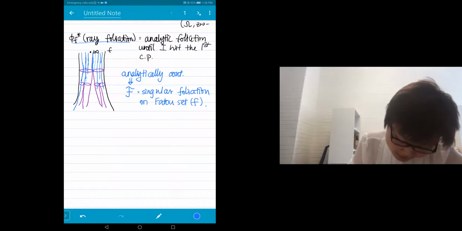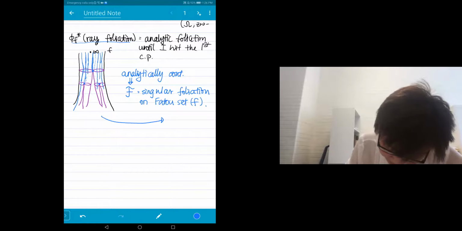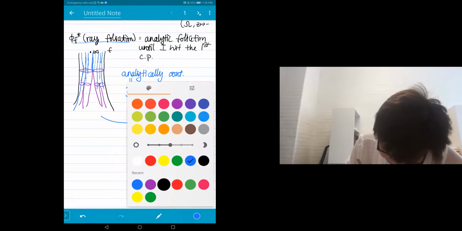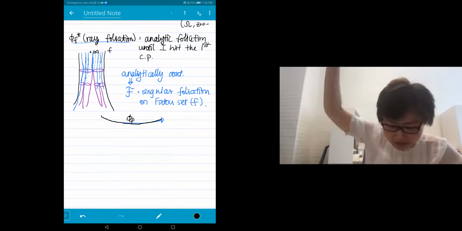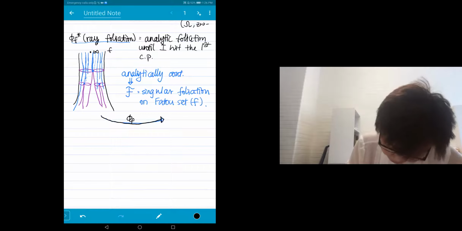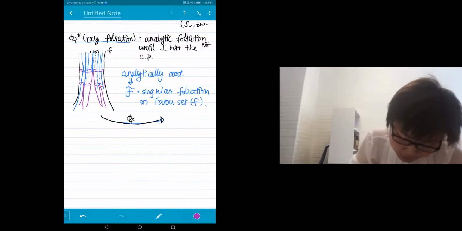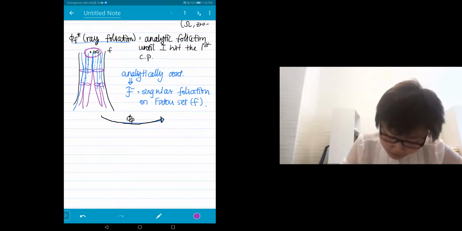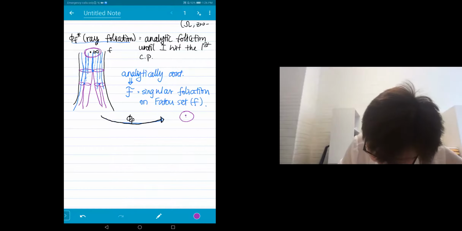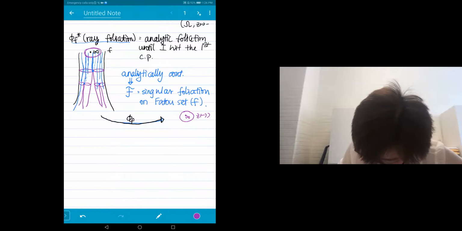So remember, this is the Fatou set for f, and we can go back. So this is the Böttcher map. The Böttcher map is defined only on a neighborhood of infinity. So it's originally defined here, conjugating to z to the d at infinity.